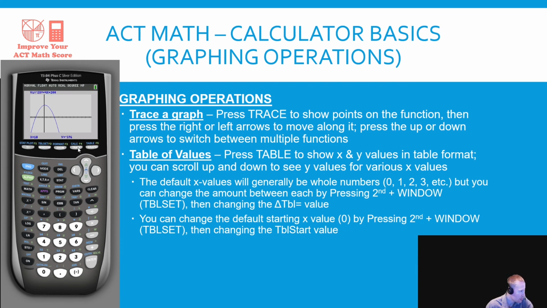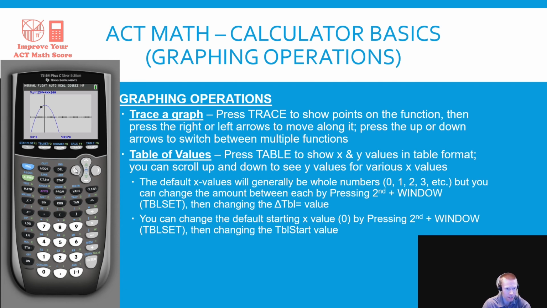So now, if I go back to the graph, notice now how each of the x values are either whole numbers or the 0.5 values between the nearest whole number, like 12, 11 and a half, 11, 10 and a half, 10, 9 and a half, 9, 8 and a half, 8, 7 and a half, 7, 6 and a half, 6, so on. So you can adjust or change how far apart you want the trace points to be. But tracing just allows you to get a rough idea of the specific points that are located on a graph.